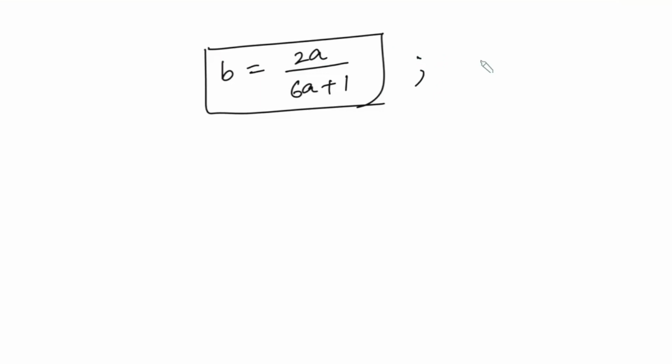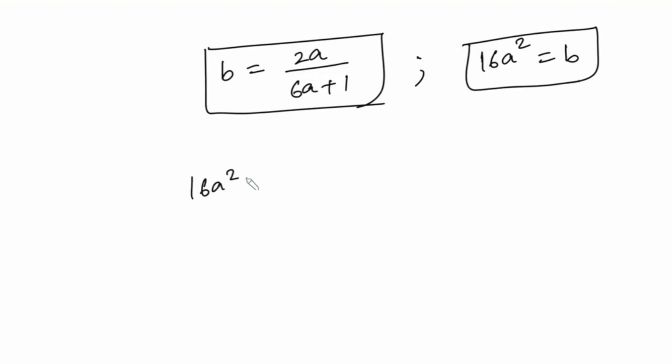And the second relation that we got was 16A square is equal to B. Now, if we compare these two, we get 16A square is equal to 2A over 6A plus 1. We can cancel out 2 and 16, so it will be 8.